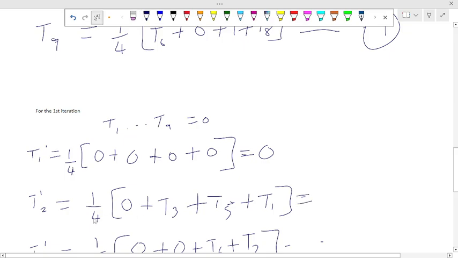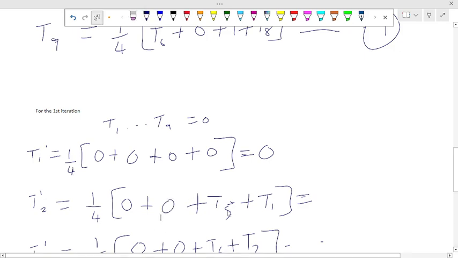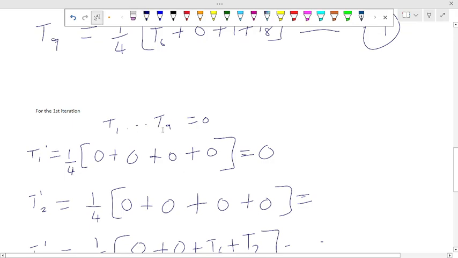Then how about T2? T3 is also 0. How about T5? T5 is also 0. A lot of zeros. And T1 is also 0 because T1 to T9 equals 0.